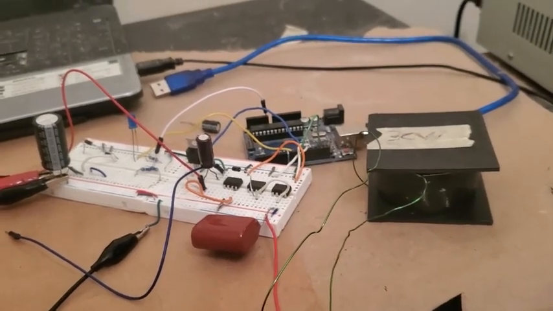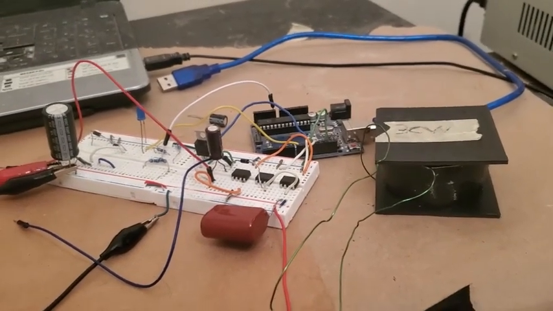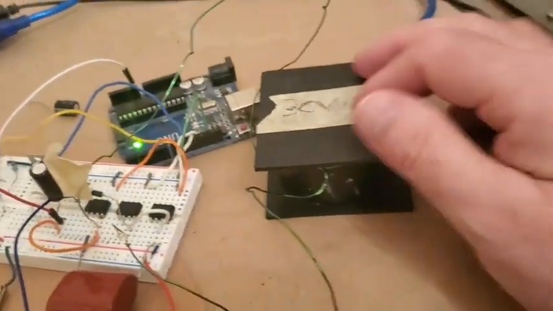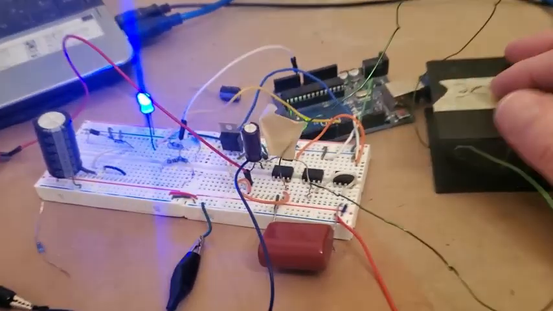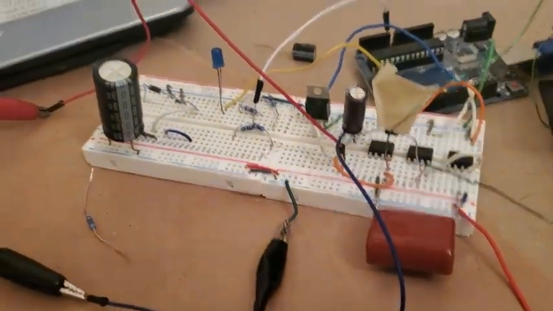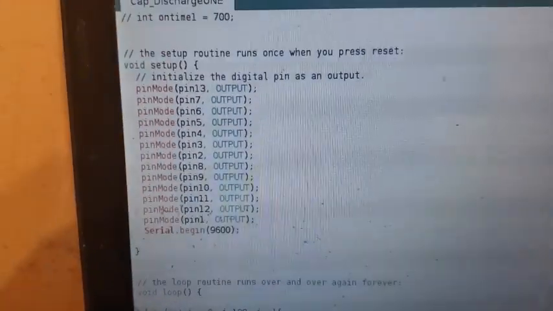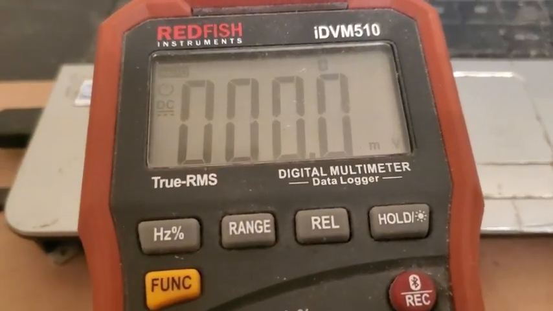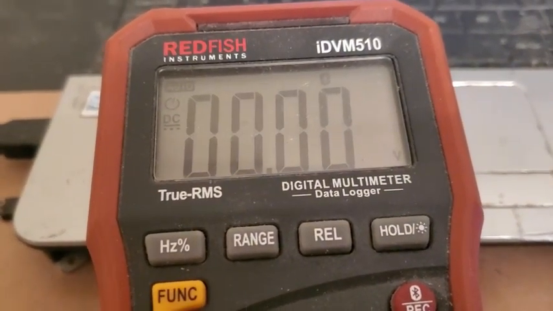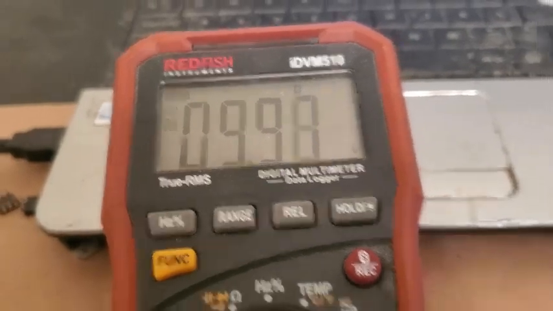And this was something I can't believe that I never looked at before. So here I just have this coil. I need to change this one, rewrap it onto the other form factor. But you take that coil, you pulse it 198 times with a pulse width of 60 microseconds, and this cap goes to about 10 volts.